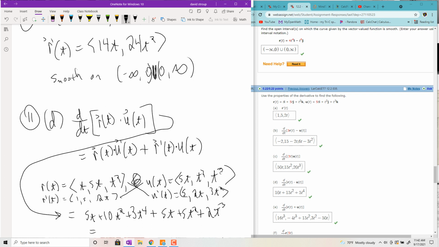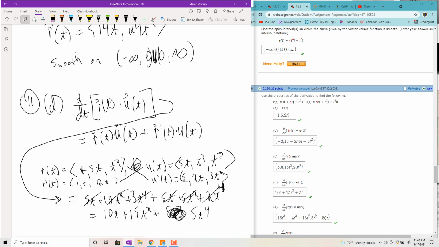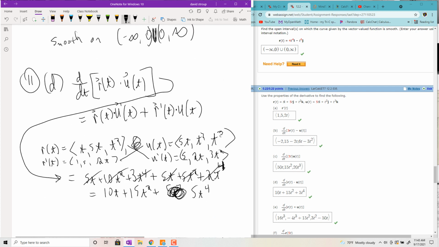And of course, that would be 10t plus 15t squared plus 5t to the 4th. Sorry, this should be 2t to the 4th, so what did I get? I got 10t, 15t squared, and then 5t to the 4th. There we go. But you can do it the other way around. You can always just take the dot product and then take the derivative, right?